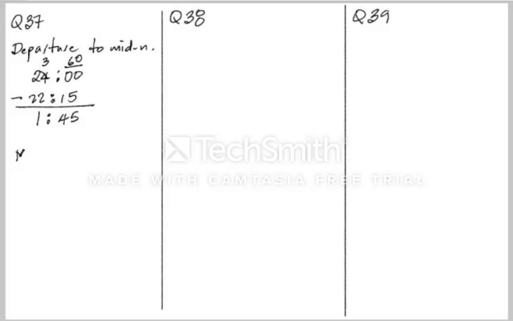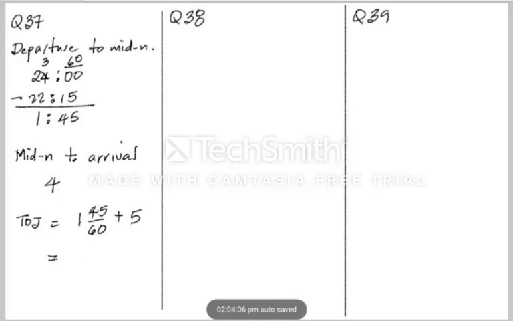From midnight to arrival, the time is 4 hours. So the time of the journey is a total of 1 hour and 45 minutes plus an additional 4 hours.